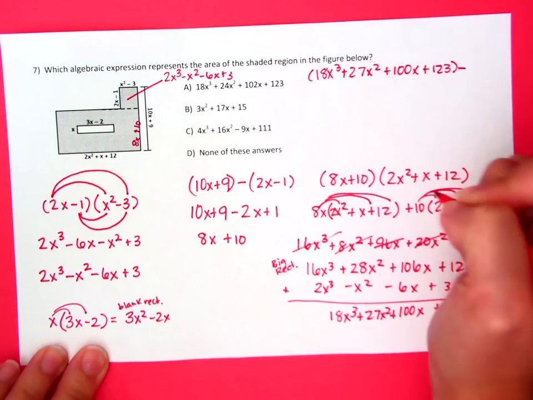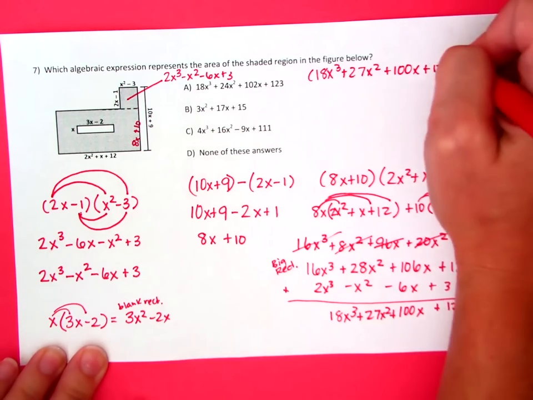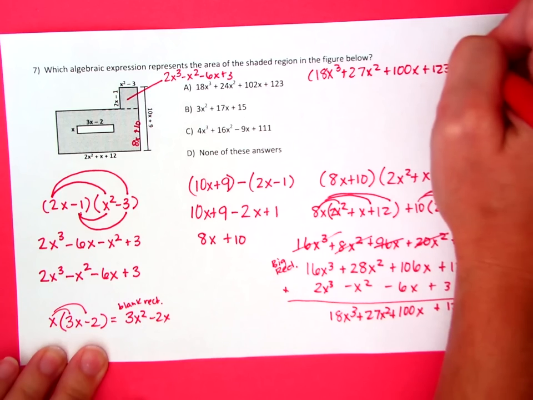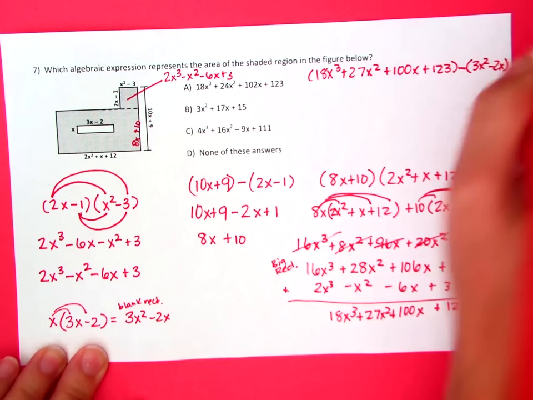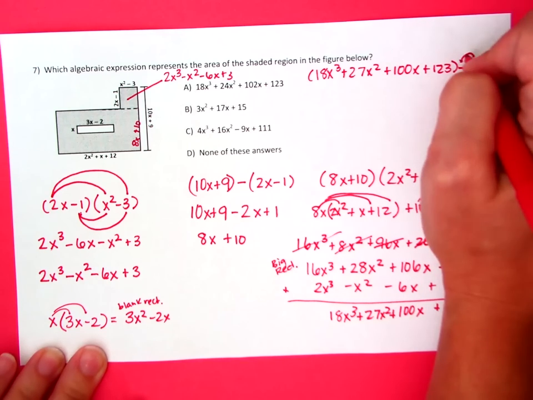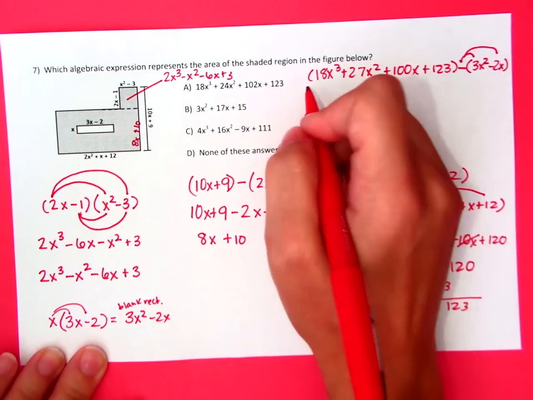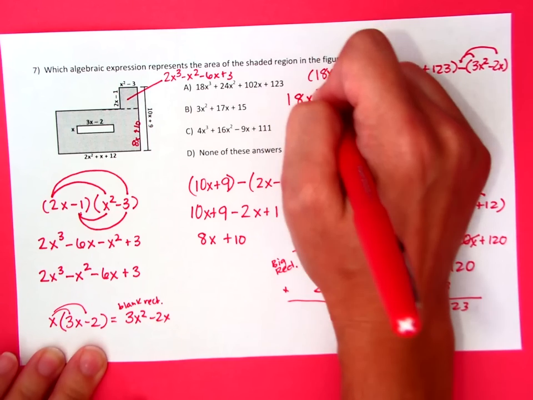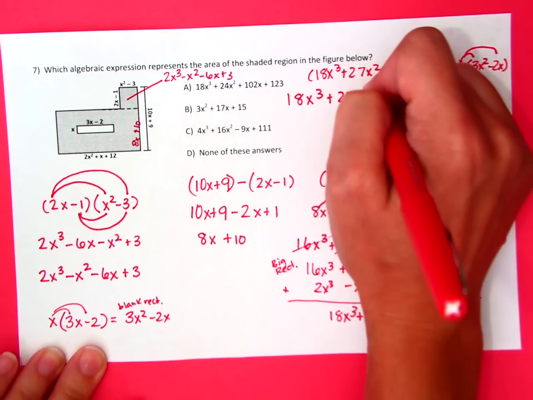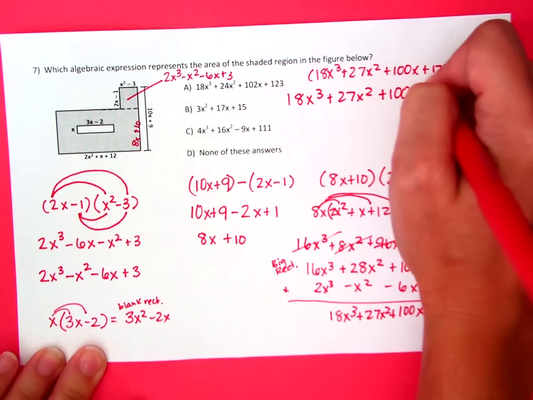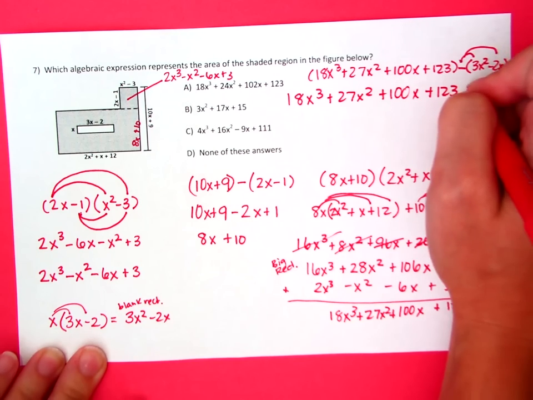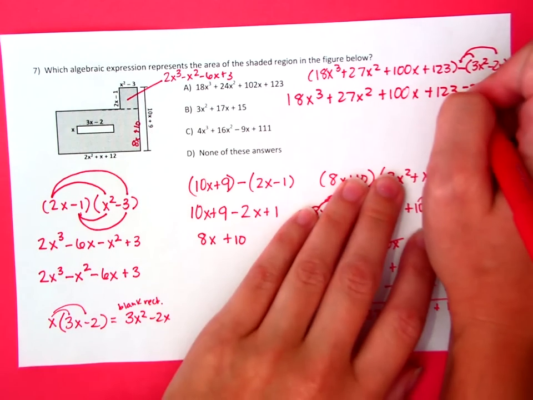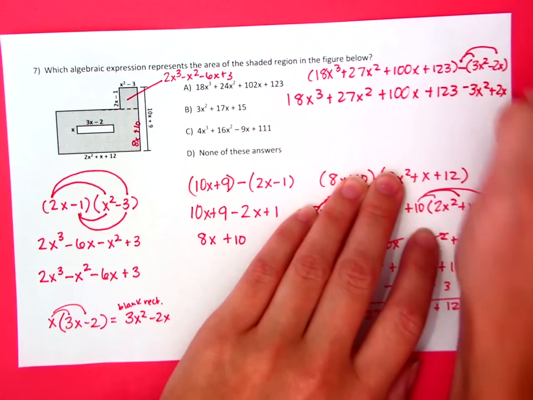And I'm going to subtract from that this blank rectangle, 3x squared minus 2x. That reminds me that I'm going to have to distribute this negative to both pieces. Nothing's outside here. We can drop off the parentheses. 18x cubed plus 27x squared plus 100x plus 123. Then let's distribute minus 3x squared plus 2x.